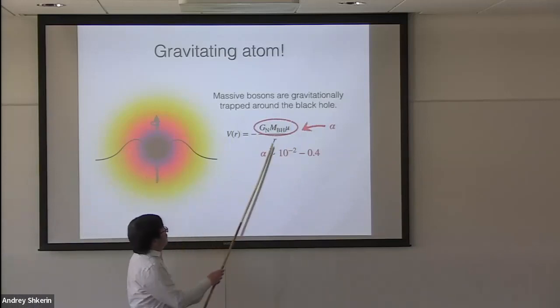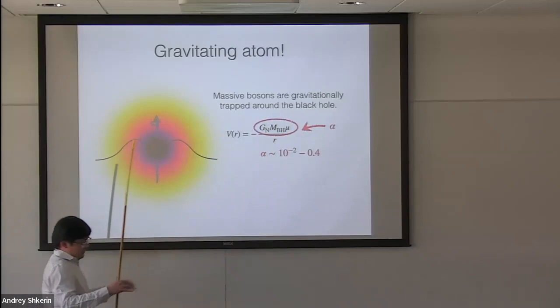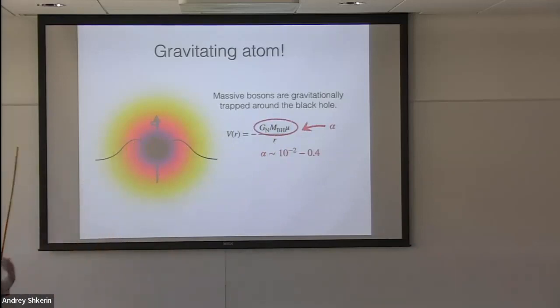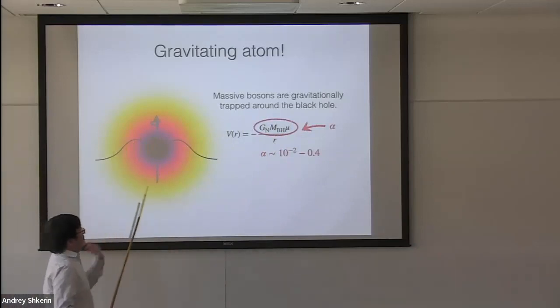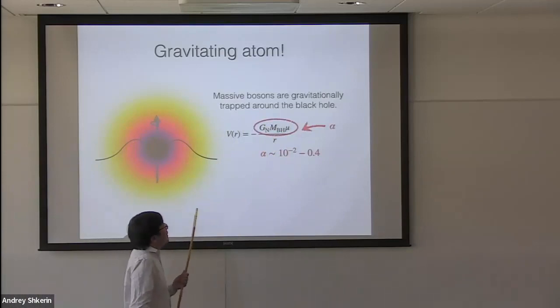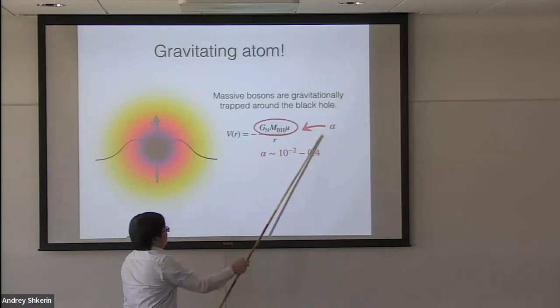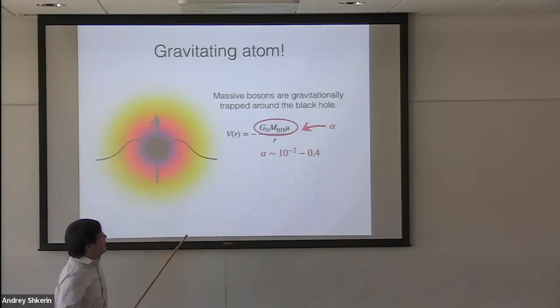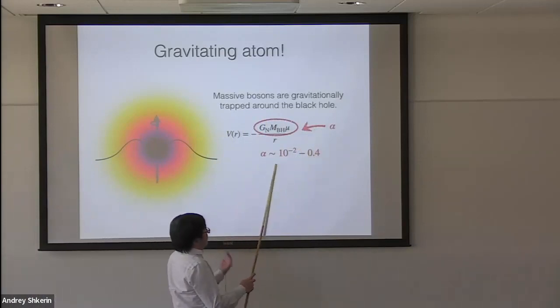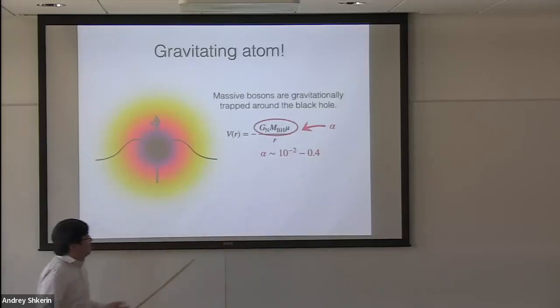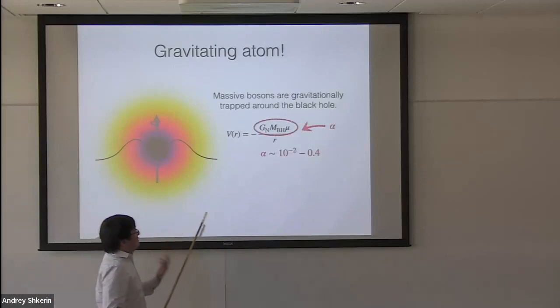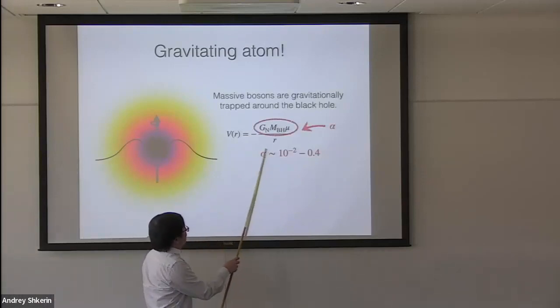Here you are treating the gravitational potential as a potential that is binding this boson, which is populating some energy levels around it. So this combination, which we'll call the gravitational fine structure constant alpha, will take values between, let's say, 0.01 to 0.1 or even 0.4. And it also has a physical meaning.